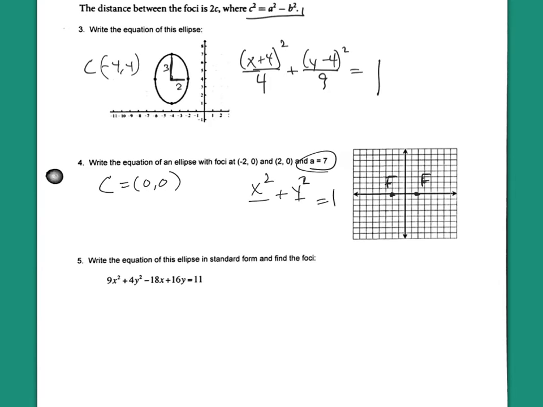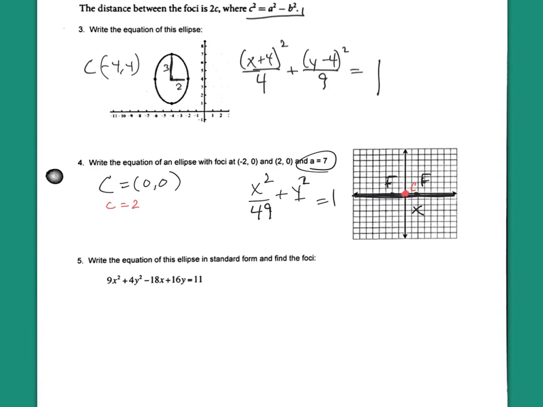If this is the direction that the focal points are lying, this is your major axis. This is, of course, x. So underneath x goes a squared. Now all we need is b squared. The distance from the center to the focal point is your little c, and that clearly is a 2. So while the center is at 0, 0, the value for c is 2.